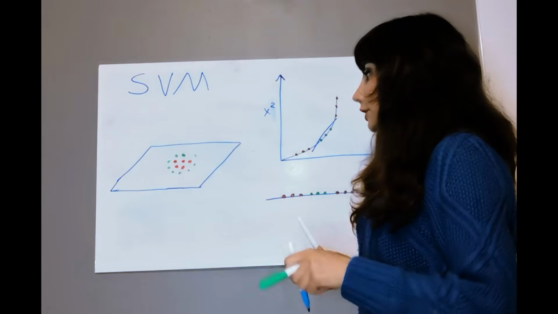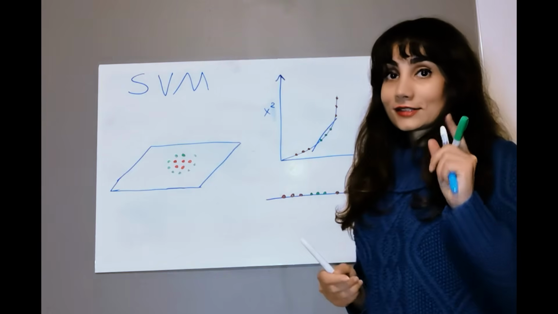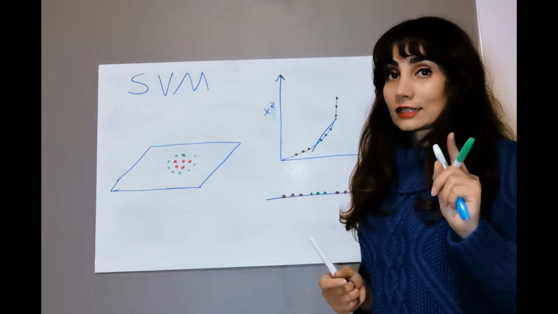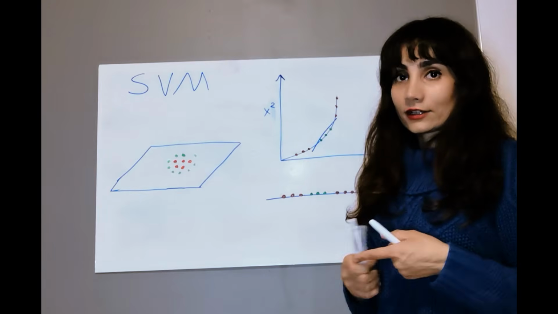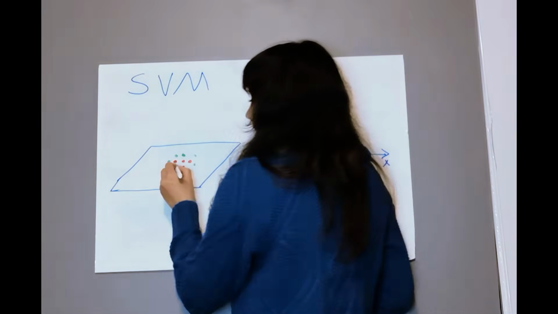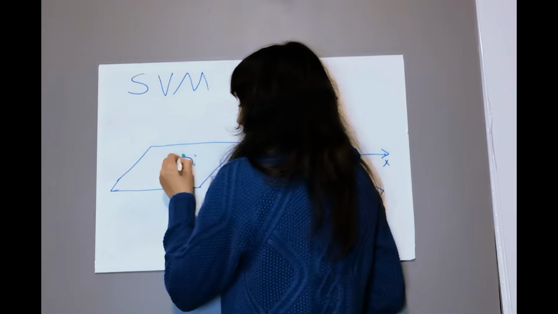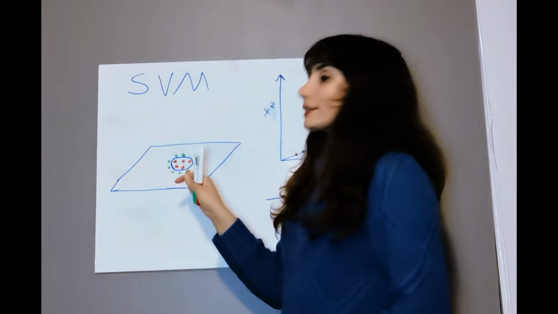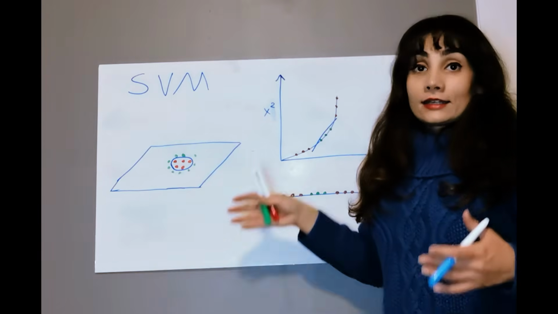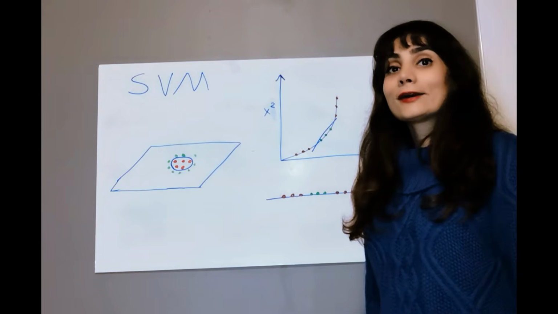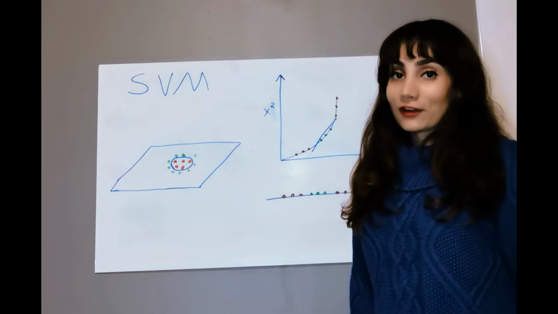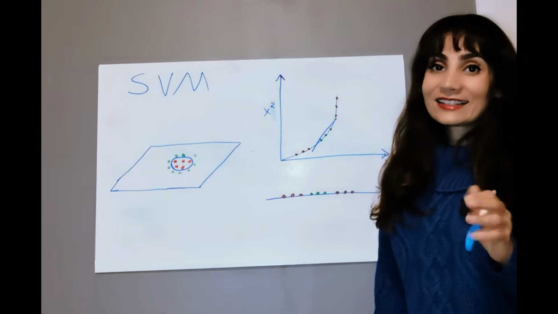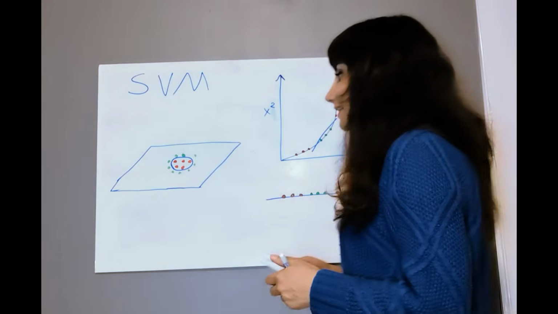I said SVM is a linear line, but I'm looking at it and I see that there is a circle. Okay, I'm saying, well, that is a circle, that is not actually a line. But let's look at it from another dimension, and then you will see that it is actually a line.